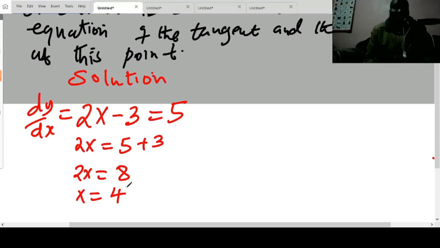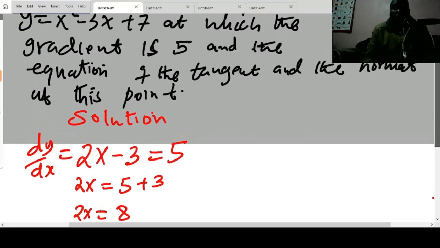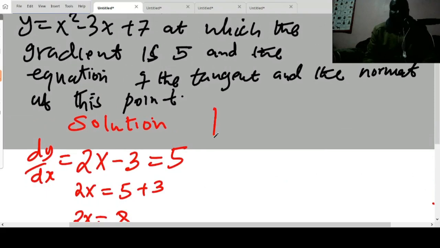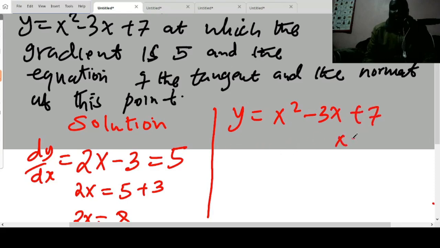Now the next thing, a point has to have the x coordinate and the y coordinate. Now we go back to our equation, y equals x square, so we substitute. y is equal to x square minus 3x plus 7. So our x is equal to 4.